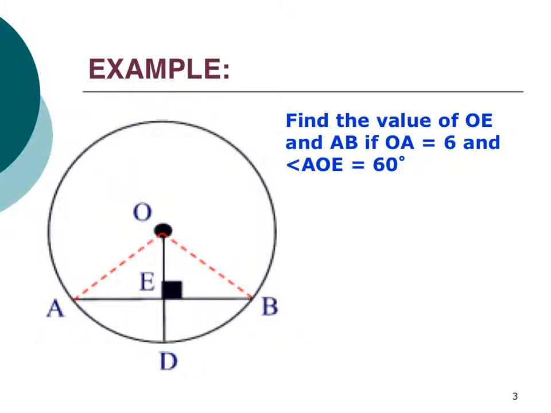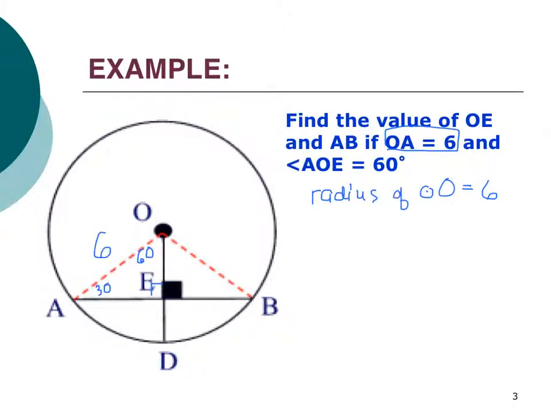So this first question, find the value of OE and AB if OA is 6. Another way of giving you that information would be if I said that the radius of circle O equaled 6. So we know the radius here is 6. And we know AOE right here is 60 degrees, which means we have a perpendicular here that we know about.